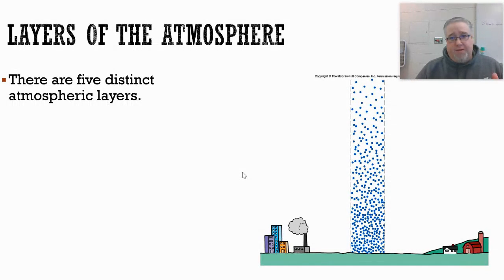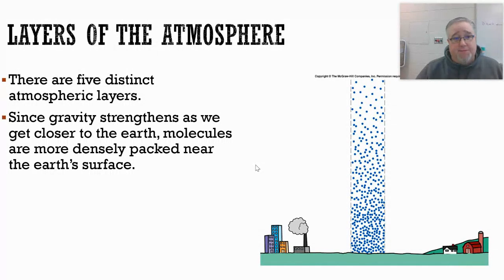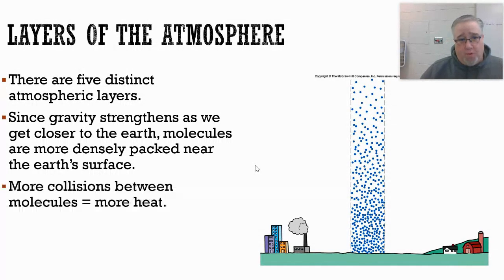Before we get into the individual layers, and there are 5 distinct atmospheric layers, one thing I think is important to understand is what happens to air as we elevate or as we get closer to the Earth. If you look at this picture here, it's very simple. It's basically just a column of air. So imagine there was like this tube going up miles up into the air, and it's just filled with air.